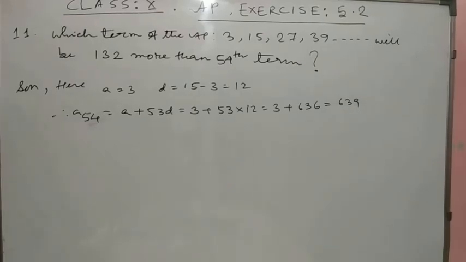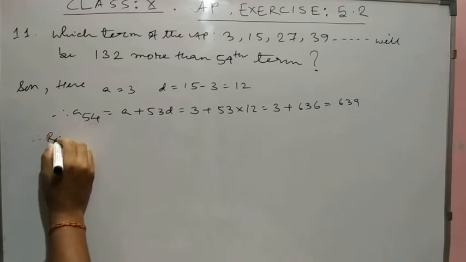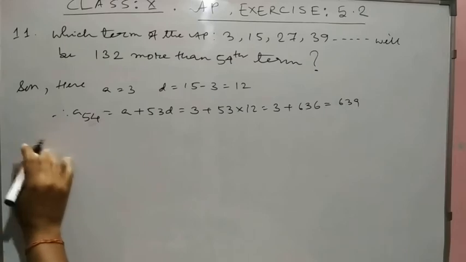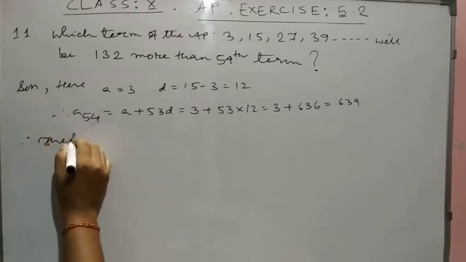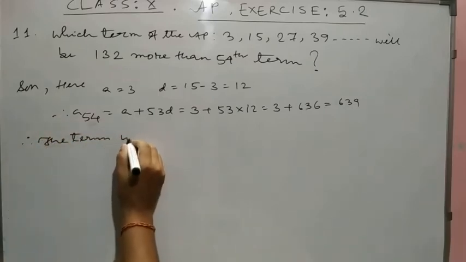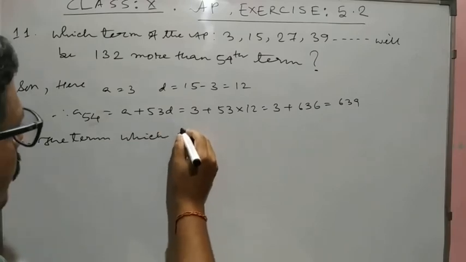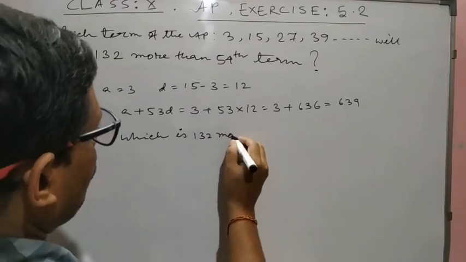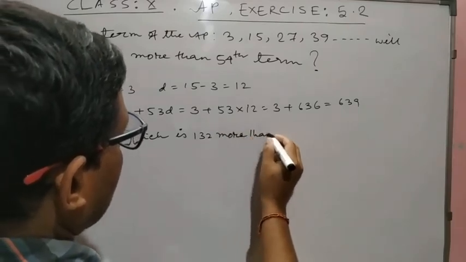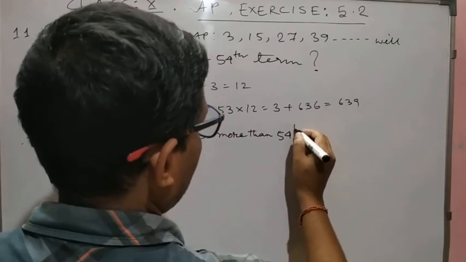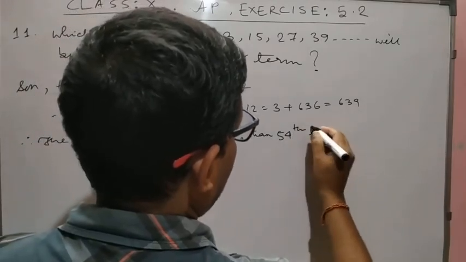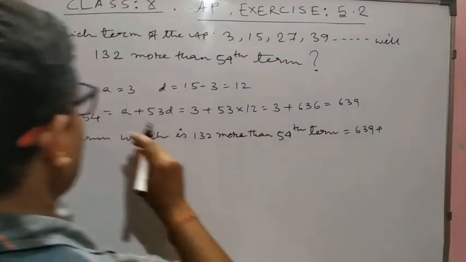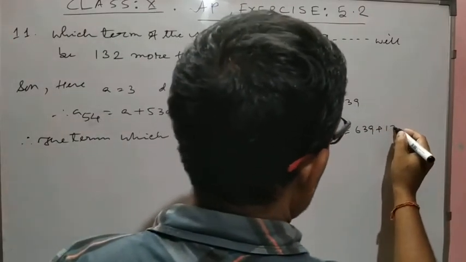So therefore the required term, the term which is 132 more than the 54th term, equal to 639 plus 132.